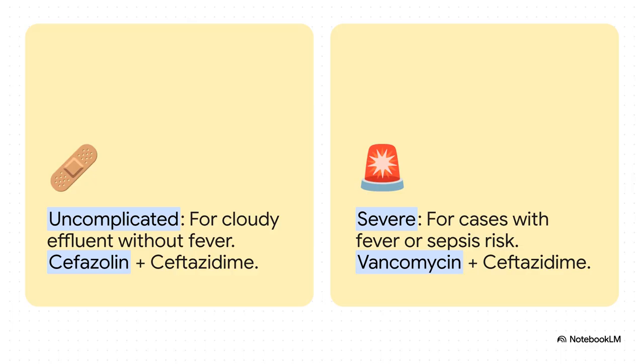For uncomplicated cases, cloudy fluid but the kid feels okay, no fever, no severe pain, the standard is a combination of cefazolin and ceftazidime. But for severe peritonitis, or in kids who have risk factors for resistant bugs, the protocol gets escalated to that more aggressive combination of vancomycin and ceftazidime, just like the adult regimen. It's a really delicate balance between efficacy and long-term safety.